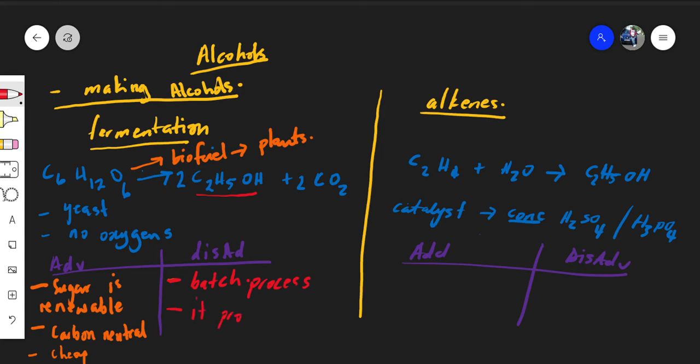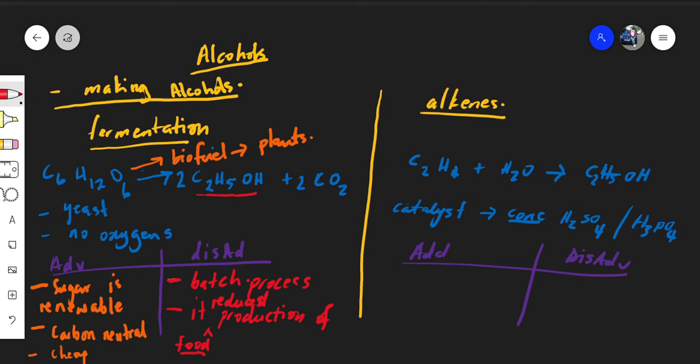production or reduces the production of food. Because what will happen is, if you are a farmer, you get a little bit more profit by making fuel instead of making food, because obviously fuel will cost a little bit more.